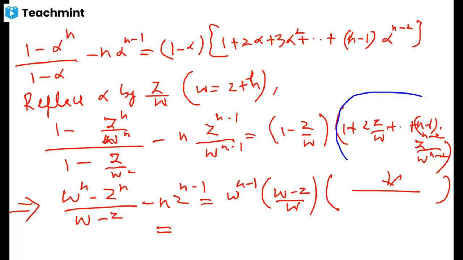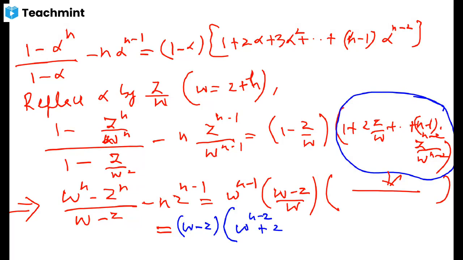You just multiply that inside here, and what you will have is w minus z, and you will start with w to power n minus 2 plus 2 times w to power n minus 3 plus so on plus, at the end you will not have any power of w, because you already have w to power n minus 1 in the numerator, and it will cancel with it. You will have only z to power n minus 2, but you have multiplication of this n minus 1.